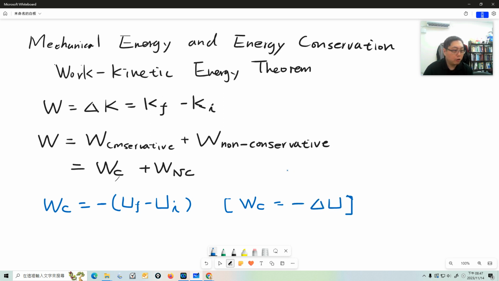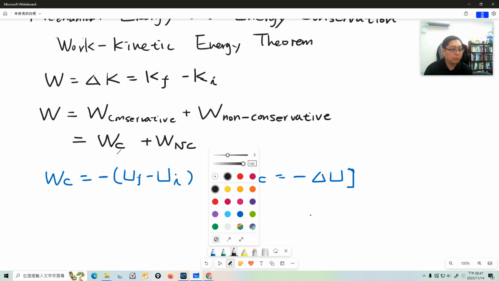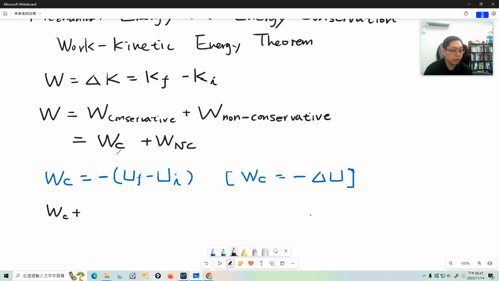So we add this to our work-energy theorem. What will we have? W equals WC plus WNC, so WC plus WNC is the total work, equal to KF minus KI. And now we have the work done by the conservative force is minus (UF minus UI).